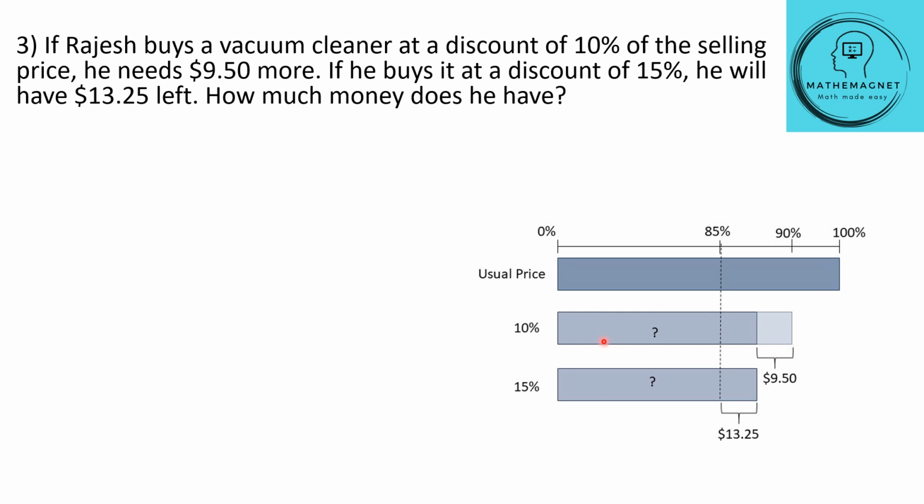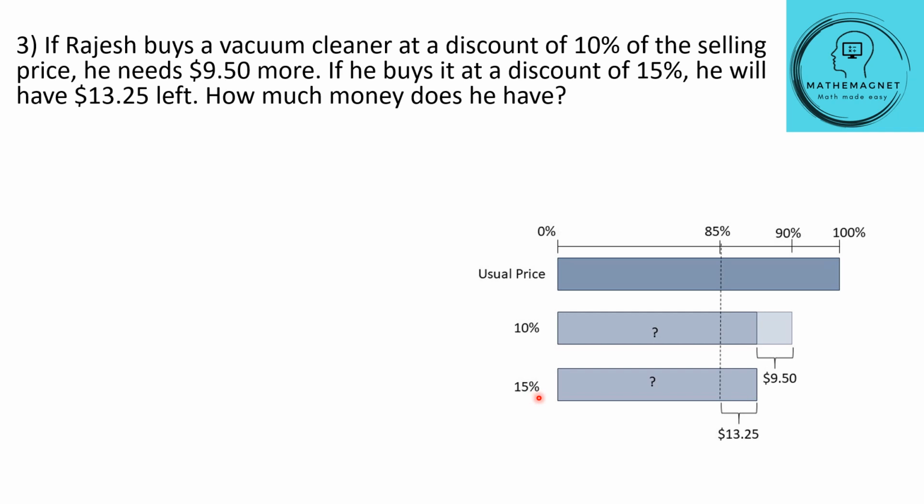So now if he is buying it at a discount of 10%, he is running short of $9.5. He has got only so much money with him. If he buys at the 90% price, he falls short of $9.5. Now if he is to buy at a discount of 15%, that means he will be buying at an 85% selling price.